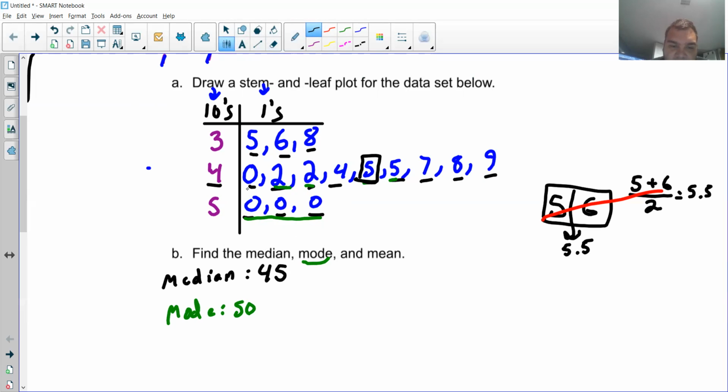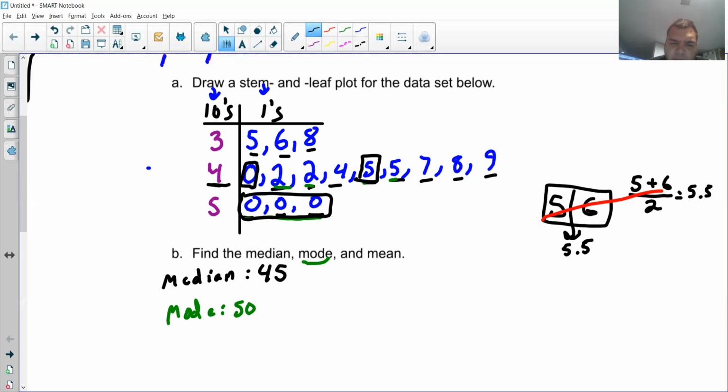Here, this 0 over here is a 40, while these zeros are 50s. So it's still 50 is the mode. These zeros are not necessarily the same number. This is for a 40, while the bottom ones are for the 50. If we just did it with the number on top, you'll still get the right answer. Okay. That's fine.